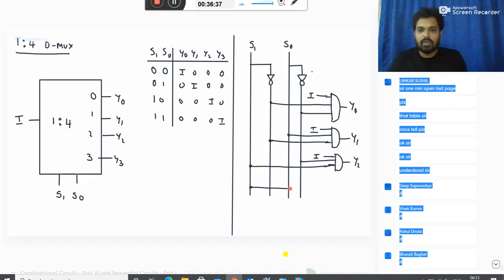So when they are 1, 1, I will be given to Y3. Okay, that's all. So based on S1 and S0, it will select 0, 0, 1, 1. Based on that, it will select.